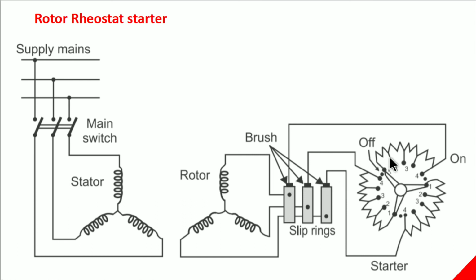At the time of starting, this variable resistance is inserted in the circuit. As the motor picks up speed, this resistance is gradually decreased, and finally this resistance is no more in the circuit, and these 3-phase windings are short circuited at slip rings, and that's all.